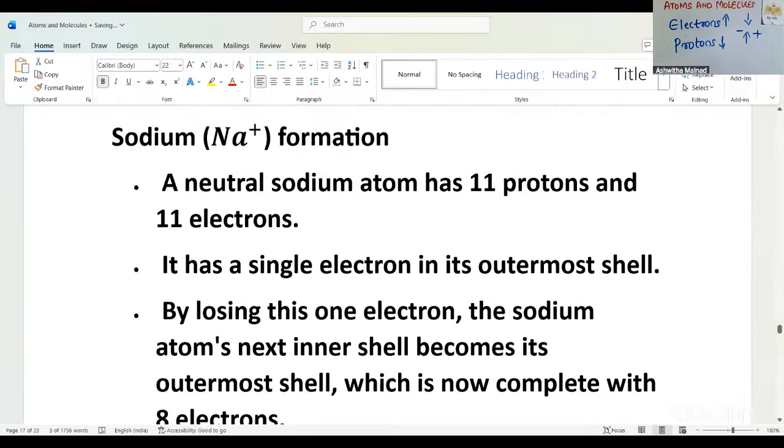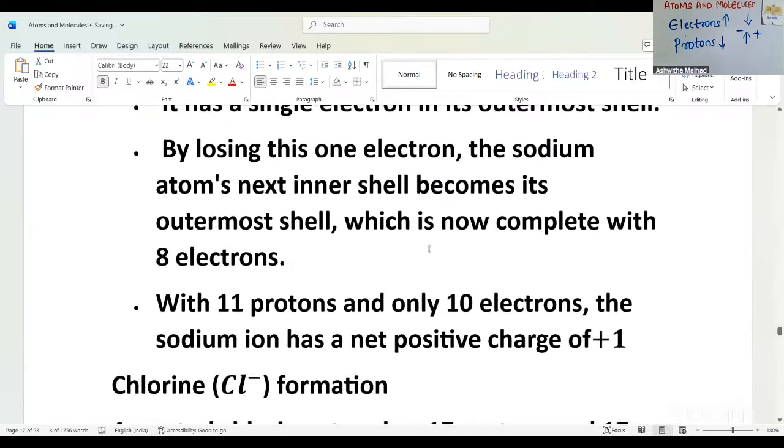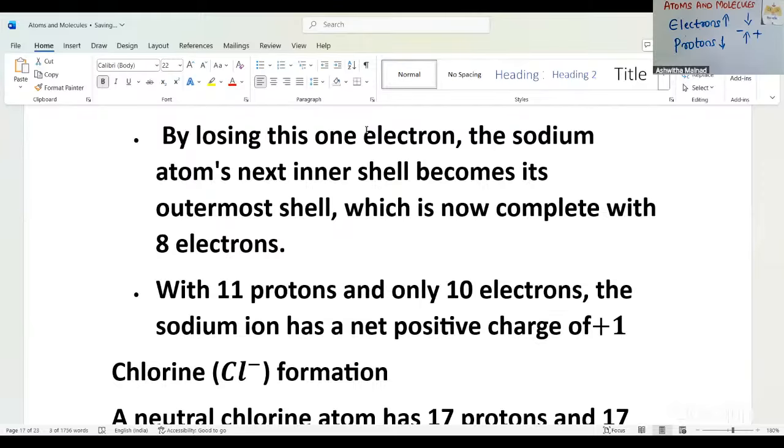Are you able to follow? So with 11 protons and only 10 electrons, the sodium ion has a net positive charge of +1. So 11 protons and 11 electrons becomes 11 protons and 10 electrons after losing one electron. So it becomes positively charged.